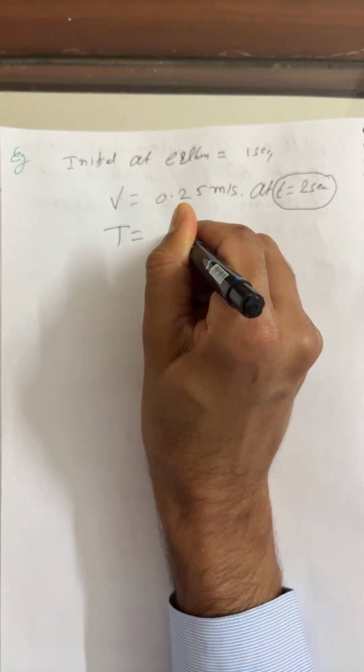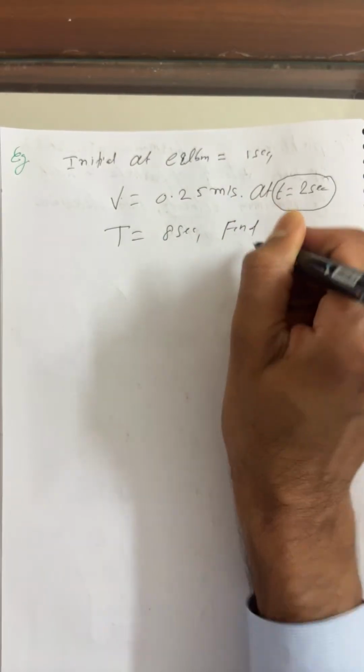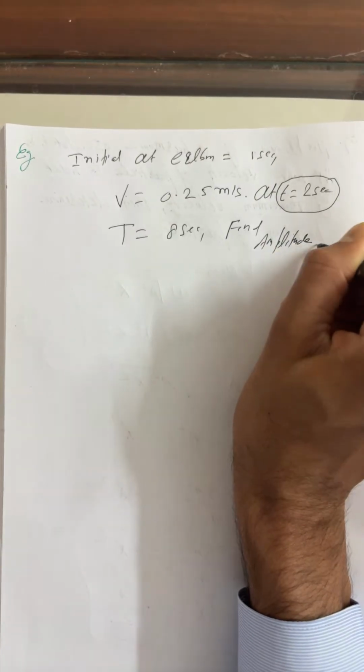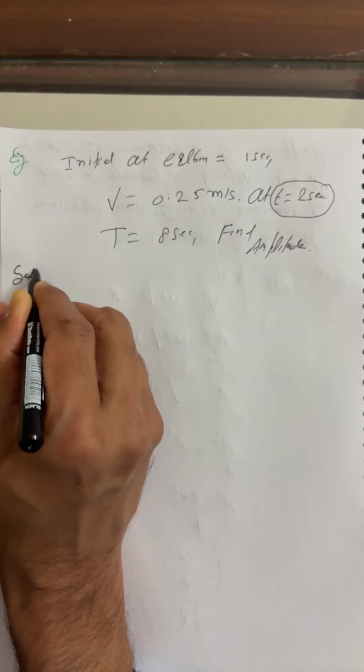The time period is 8 seconds. So find the amplitude of oscillation. That is the question here. So for this question, have a look at the solution.